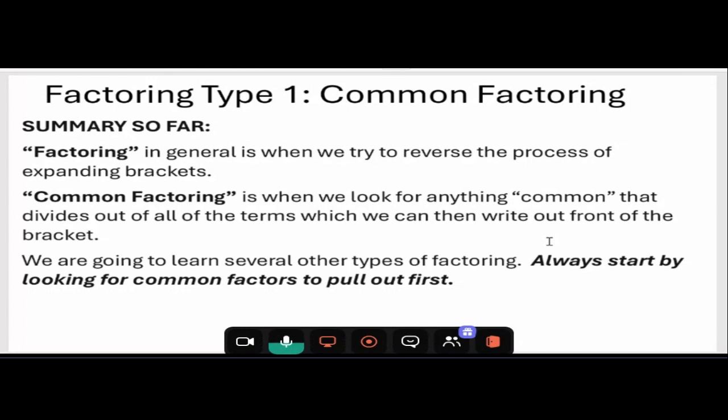Yes, we are going to learn, as I've been saying, a number of other types of factoring. This is really, really important. Always, always, always start by looking for common factors to pull out first. So when we learn the other types of factoring, sometimes there will also be common factoring, and you always look for that first before doing anything else. So always look for common factors first.